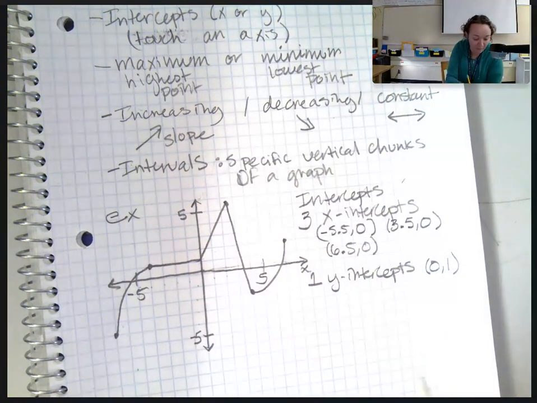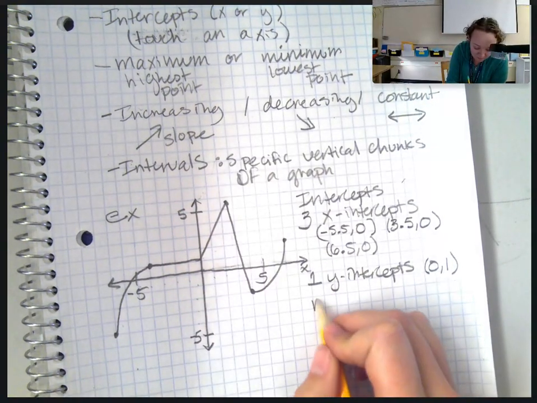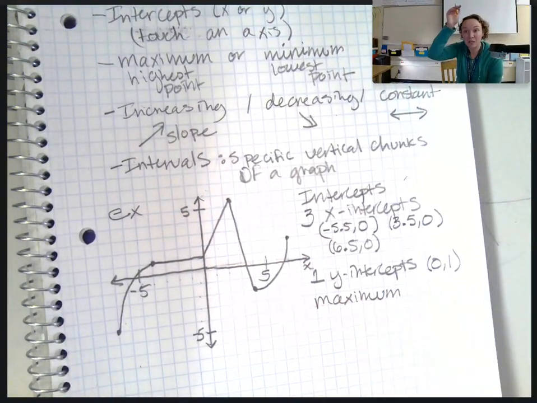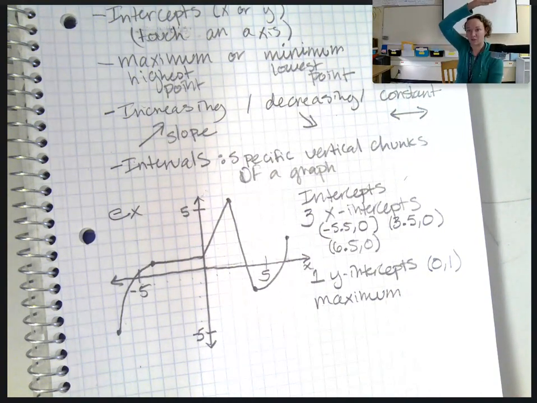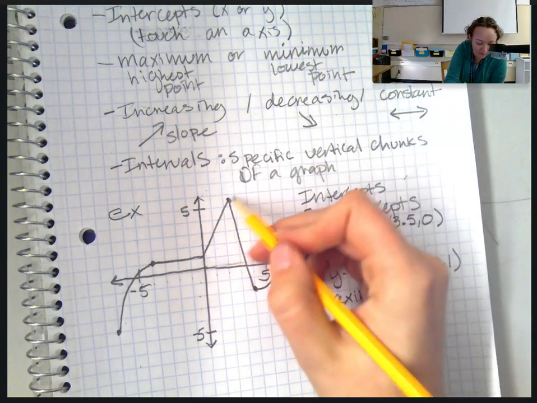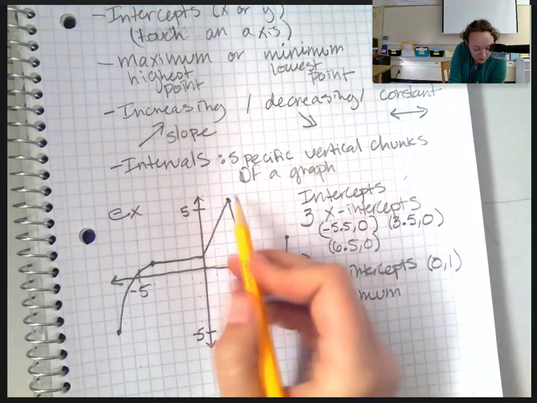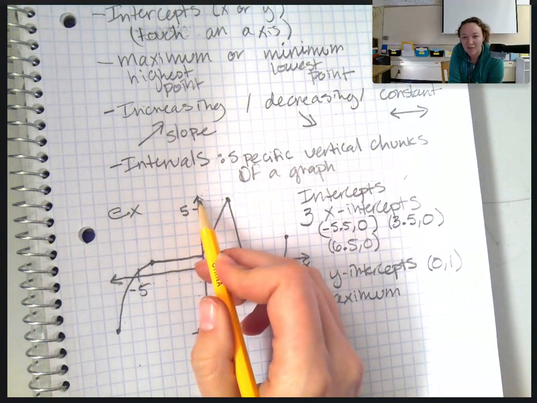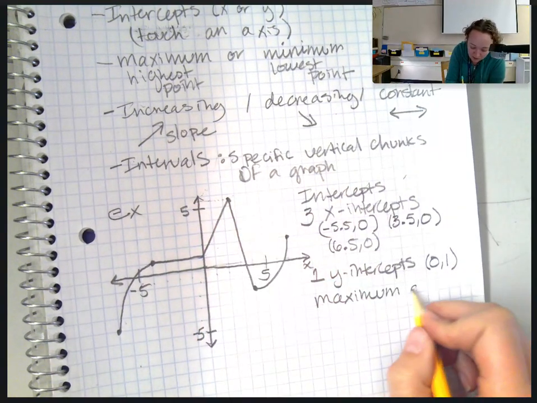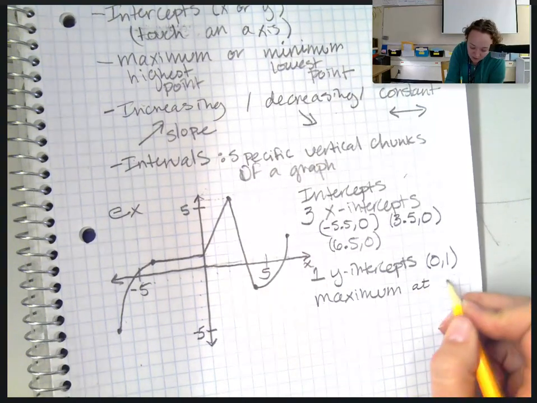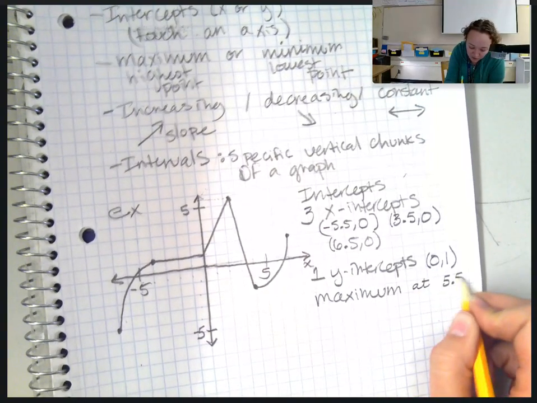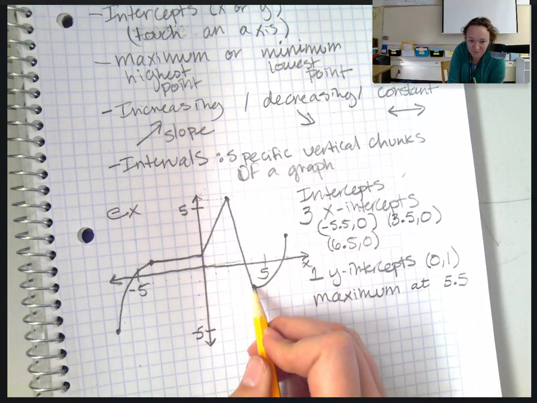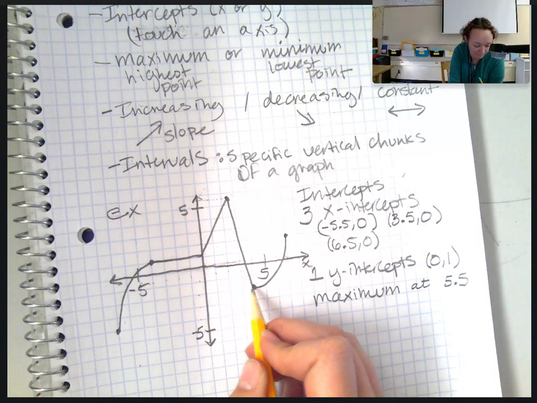Okay, let's see what else we've got. So we have a maximum and a minimum. So the maximum, since that refers to the highest point, we report the y value for that, right? So we go to that highest point right there, and we look over at the y-axis, and we see that's at like 5.5. So the maximum at 5.5, and the minimum, oh, that's not the minimum.